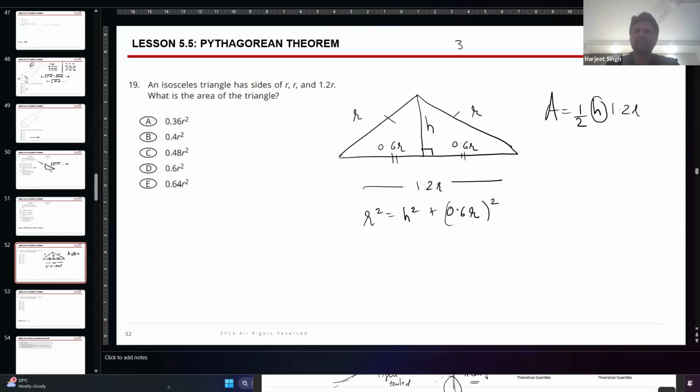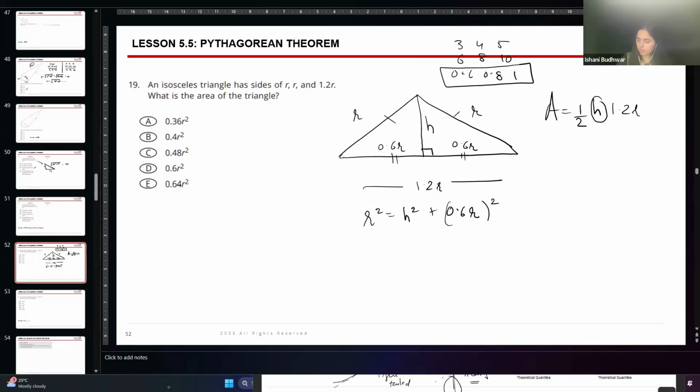Also, we know 3, 4, 5 is a triplet. So 6, 8, 10 will be a triplet, which means 0.6, 0.8, and 1 also will be a triplet, by dividing by 10. And that's exactly what we have. We have 0.6 square, we have 1 square. So h clearly will be 0.8 r.